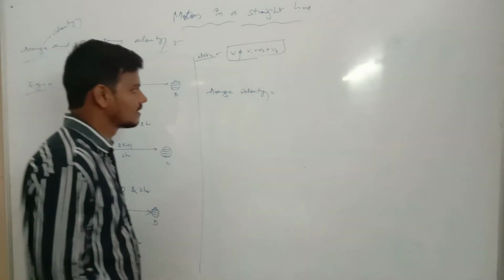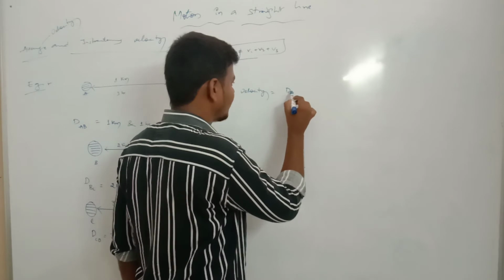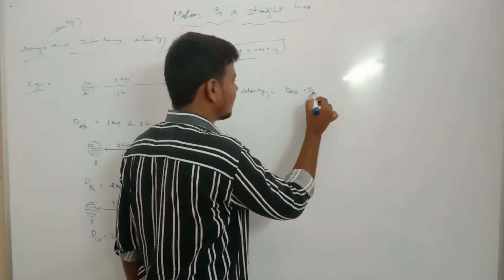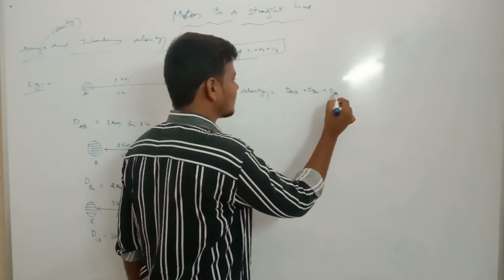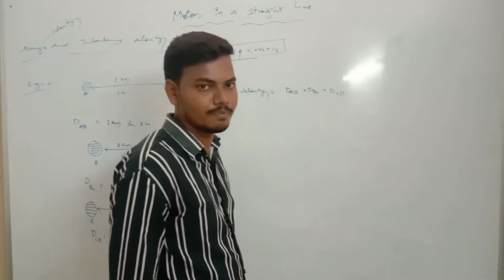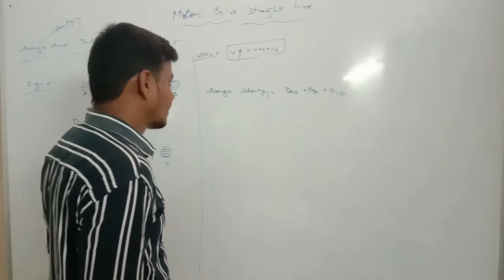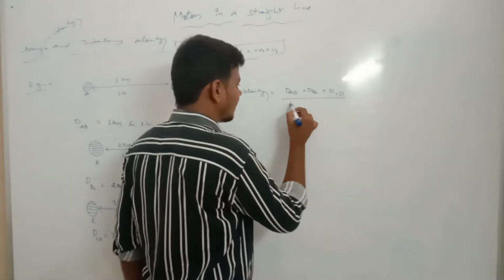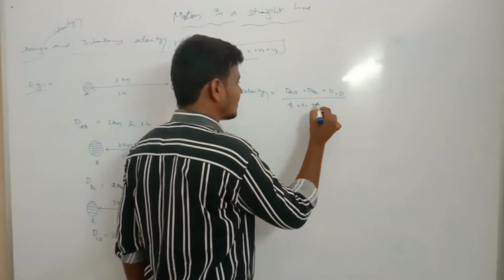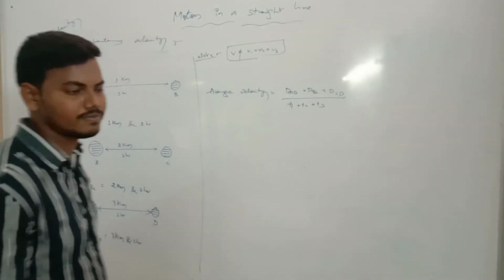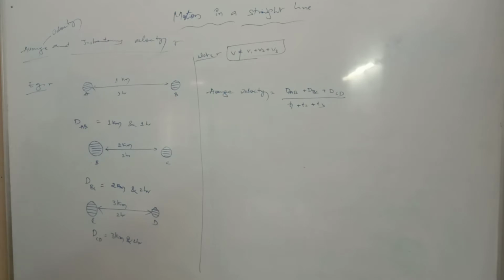The total means the distance of AB plus the distance of BC plus the distance of CD. Now this is the priority. The total time period is T1 plus T2 plus T3.